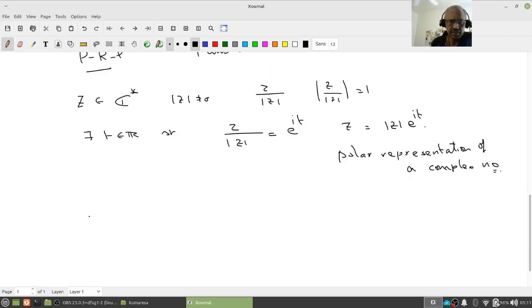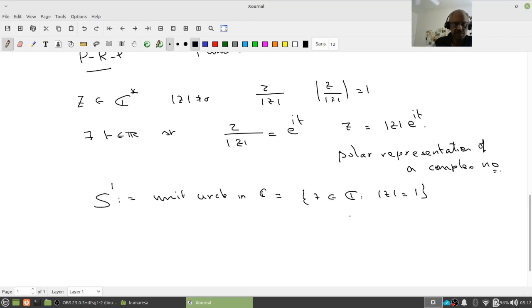Okay. So let us look at two things. This is the unit circle in the complex plane. This is the set of all z in C such that mod z equal to 1. If you write z equal to x plus iy, that means x squared plus y squared must be 1.